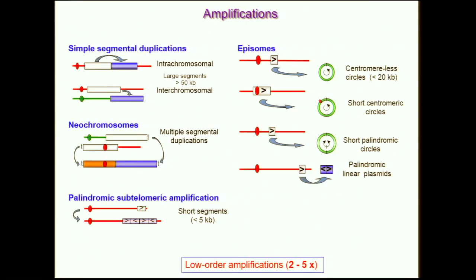Today, if you compile the literature, we have amplifications in yeast cerevisiae, which are of the type of segmental duplication, usually large segments, interchromosomal, very much like our genome.